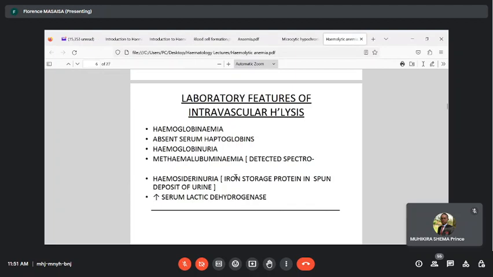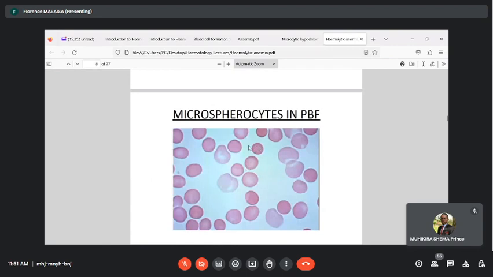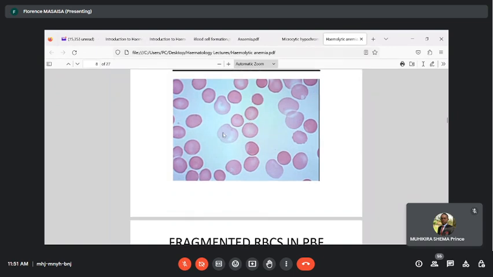Reticulocytes, you have remembered it, reticulocytosis. In case of hemolytic anemia, you will see the spherocyte, microspherocyte. You see the small cell, it's like a sphere without a central pallor. Then those are the reticulocytes, which are increased here.